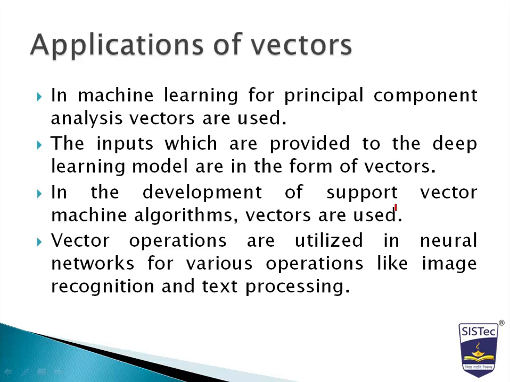These are the basic applications where vectors are used. In the development of support vector machine algorithms, vectors are also used. Vector operations are utilized in neural networks also for various operations like image recognition and text processing. So these are the common applications where vectors are used. So vectors are widely used in the analysis process.